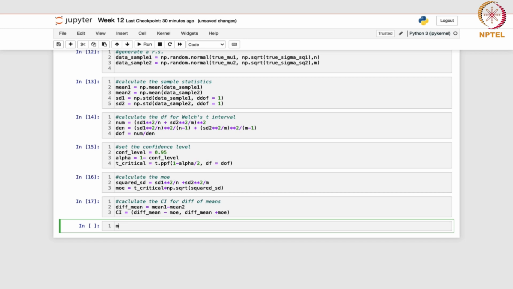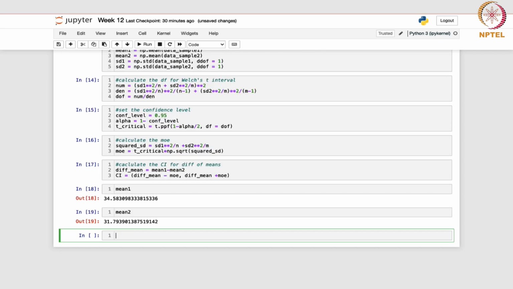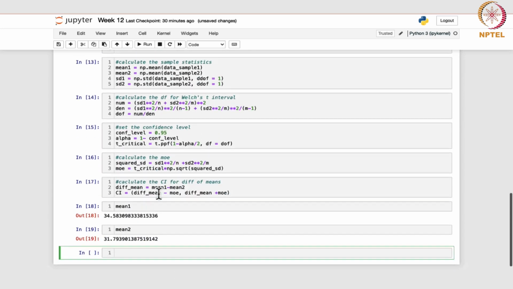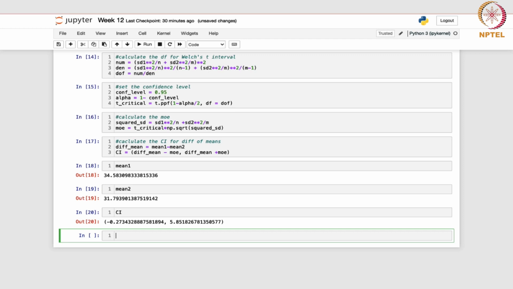So let us see what is mean 1. Mean 1 was 34.5, mean 2 was 31.79, and mu 1, mu 2, if you remember, are 35 and 30, right? Now what do we need? We need the confidence interval. So let us see what is the updated confidence interval.